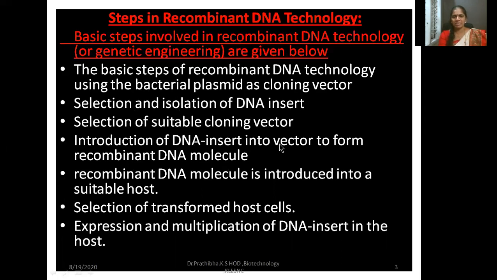Keep in mind that any DNA can be cut by using restriction endonuclease enzyme, which recognizes specific palindromic sequences. And to introduce your insert DNA into the vector system, you are using DNA ligase enzyme to form recombinant DNA molecule.